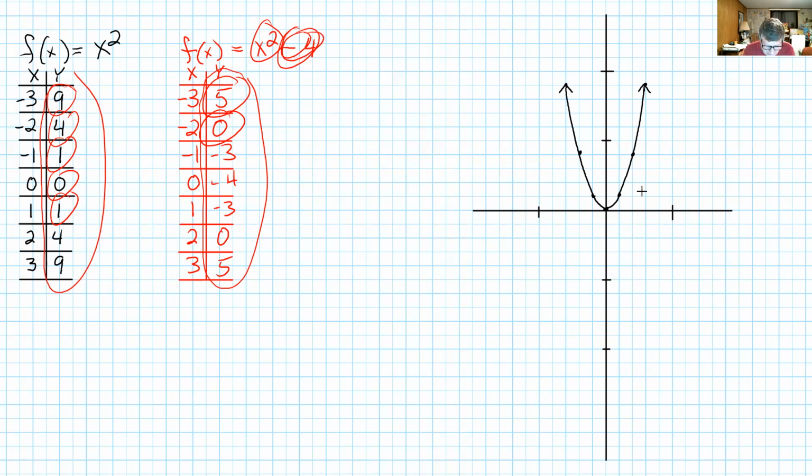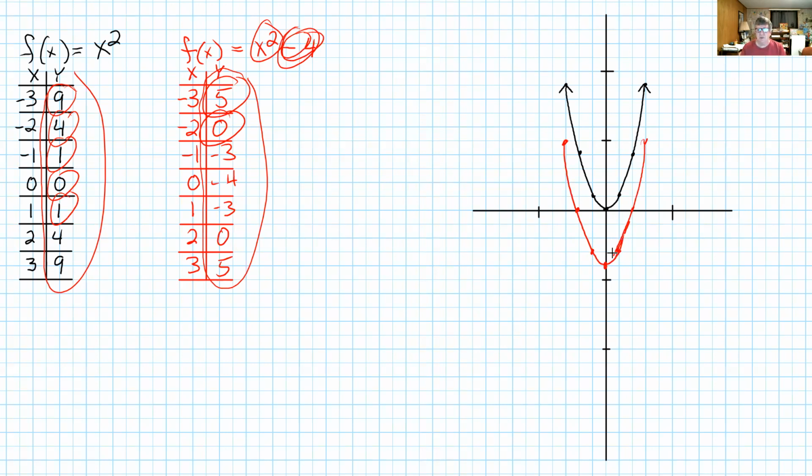1 minus 4 is -3, and then 0, and then 5. Okay? And if we graph those points, -3, 5, -2, 0, -1, -3, 0, -4, etc., we get a graph that looks like this.